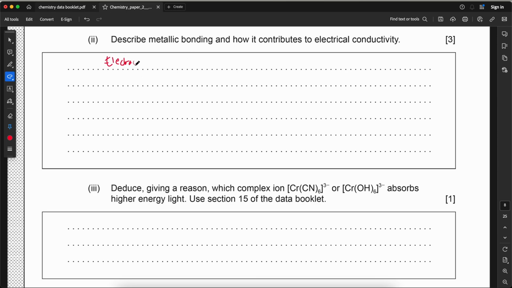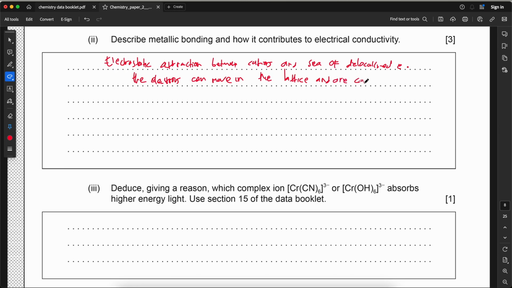Because it has electrostatic attraction between cations and a sea of delocalized electrons, the electrons can move in the lattice and are capable of conducting charge.